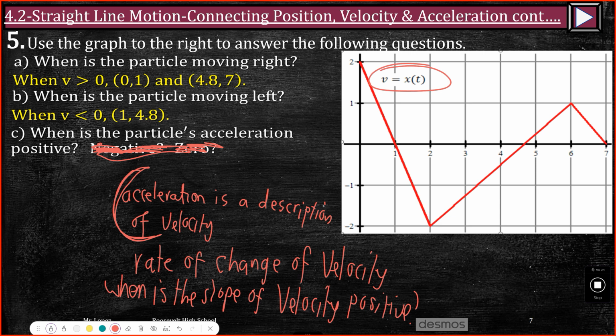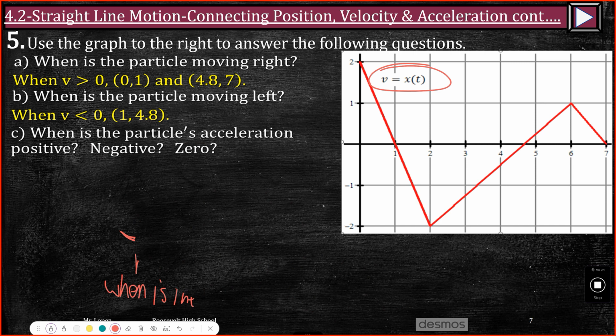So when is the slope of the velocity positive? From 2 to 6. That's all. So it's positive when v prime is greater than 0, and it's going to be from 2 to 6.